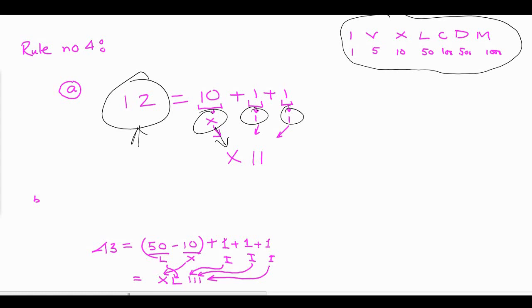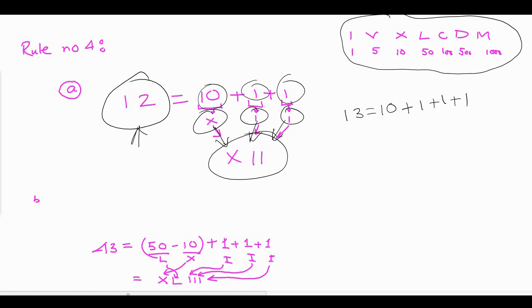We can replace these digits with Roman numerals. We can write 13 like this: 10 plus 1 plus 1 plus 1. This one is X, and this one is 1, this one is also 1, this one is also 1. So this is a very easy way to write.